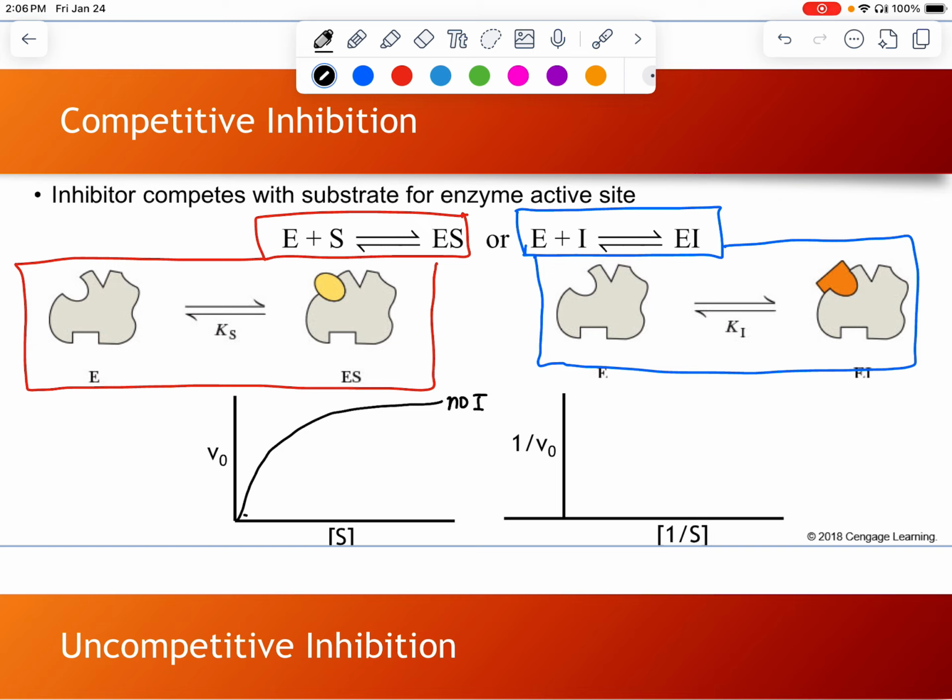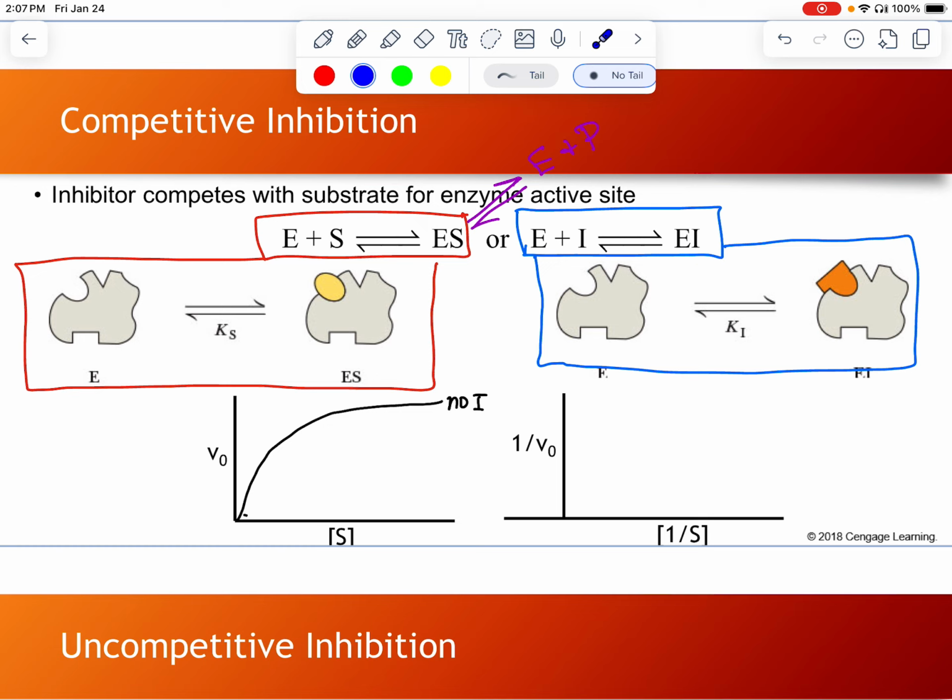And in the presence of our inhibitor, there's these two options, right? Sometimes the substrate will get to the enzyme first. Great, we get our enzyme substrate complex, and then that enzyme substrate complex can continue on to form enzyme plus product. But sometimes the inhibitor gets there first and blocks it, and then this cannot go on to form product.